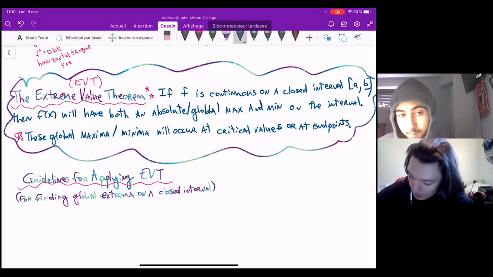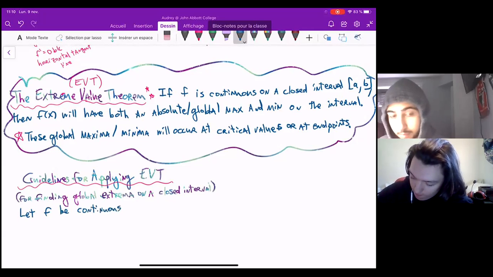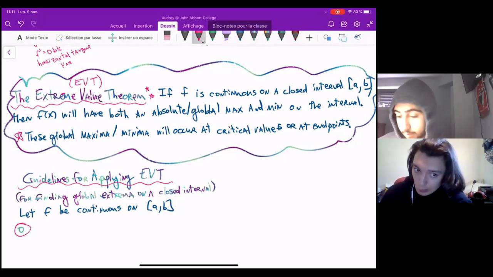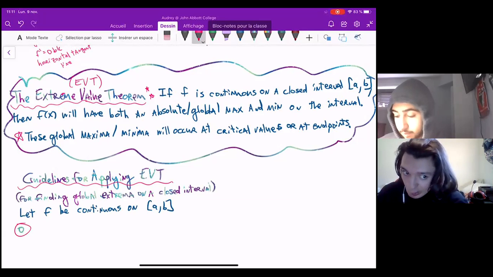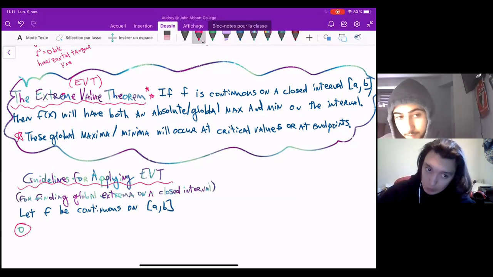So the first thing that we're going to say is let f be continuous on that interval, which means that we're going to have a step 0, which is check that f is continuous. In other words, check that there are no values that cause division by 0 or that cause a negative under a square root.